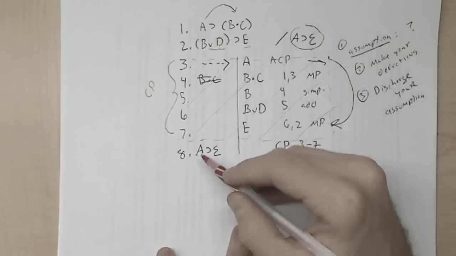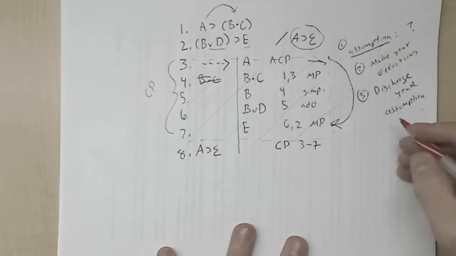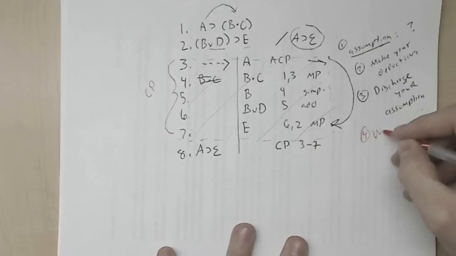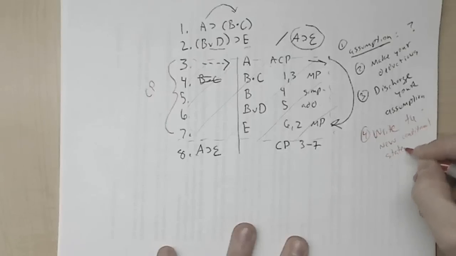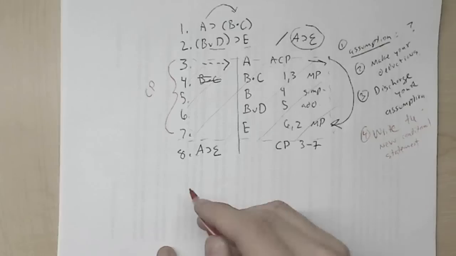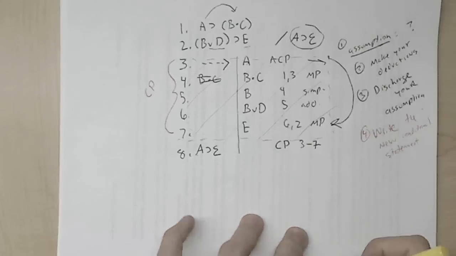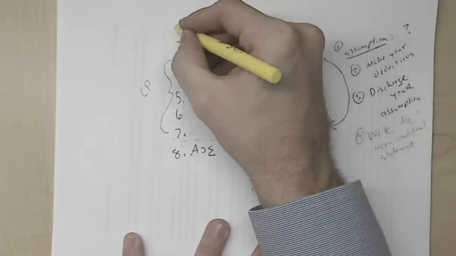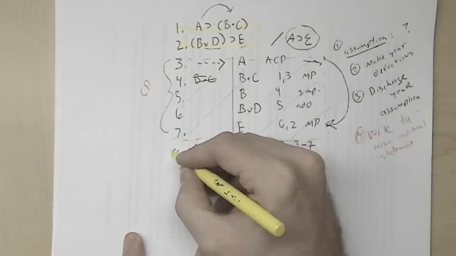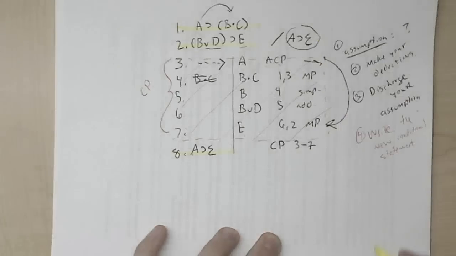And so once we've discharged our assumption and written the new conditional statement, line 8 is a valid line. So the only lines that are valid in the argument here are line 1, line 2, and line 8, right? And of course, we know that line 8 is the conclusion.